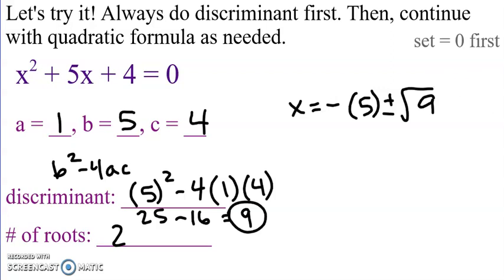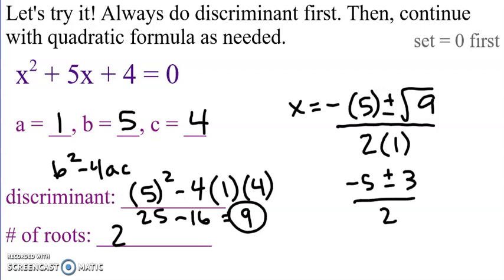So we can just substitute that in. Then we divide by 2 times our a value, which is 1. Now let's just simplify this. I can drop the parentheses around the 5 and it just becomes negative 5, plus or minus the square root of 9. 9 is a perfect square, so we get plus or minus 3, divided by 2.